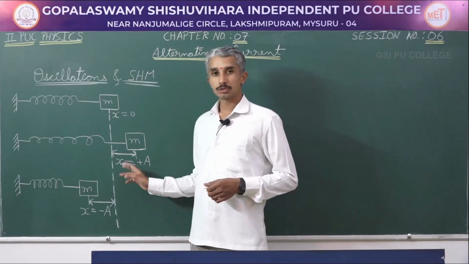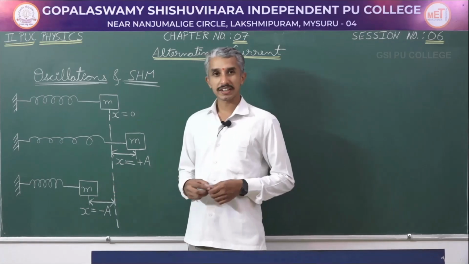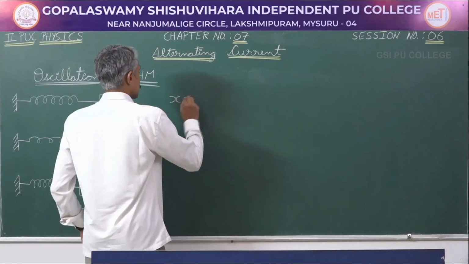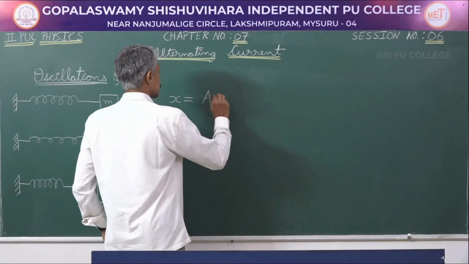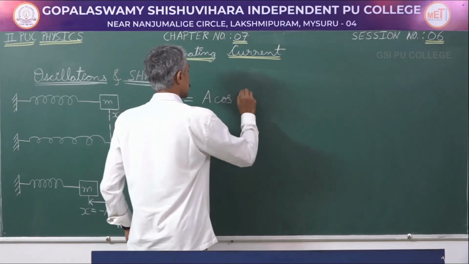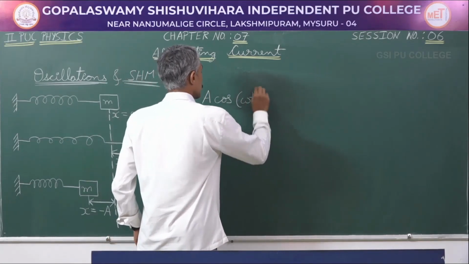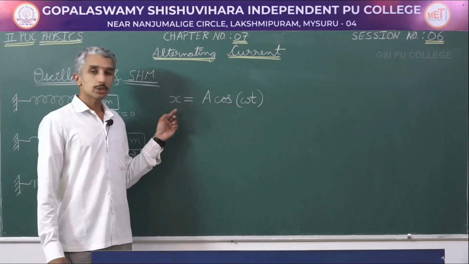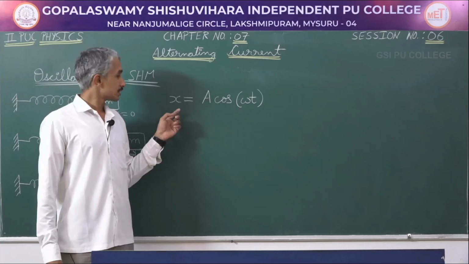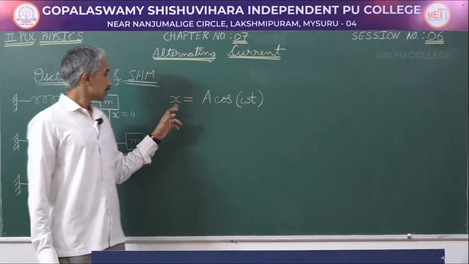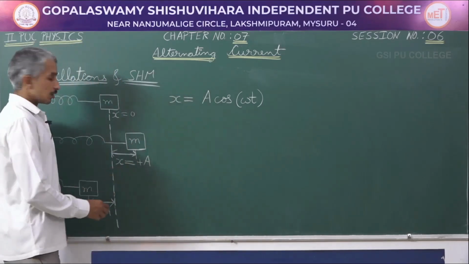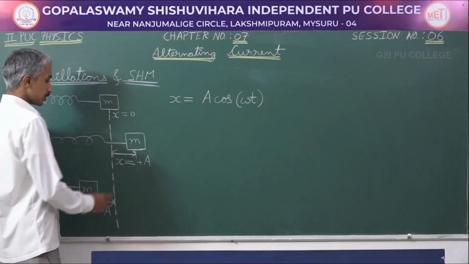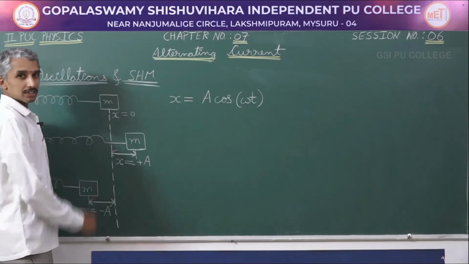The oscillations of the spring between minus a and plus a can be represented by x is equal to a cos omega t. If you remember, this equation represents an object in simple harmonic motion. The displacement x or the position x keeps changing from plus a to minus a.